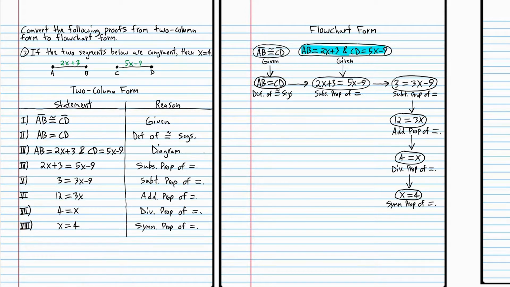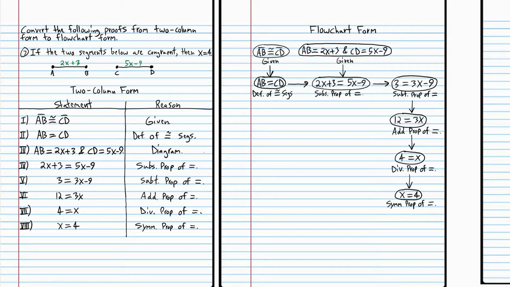But we are going to use this information and this information to go to here. So that's why these two arrows are both going to this bubble here, because this information follows from not only this bubble but also this bubble. So that's how these flowcharts work.